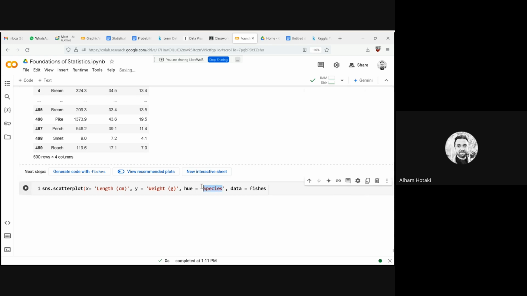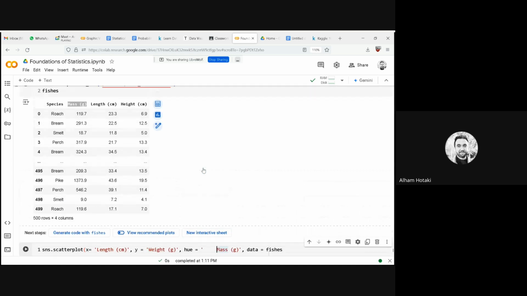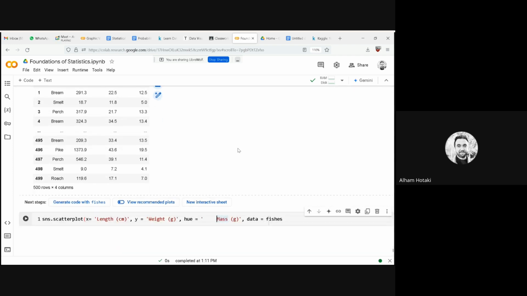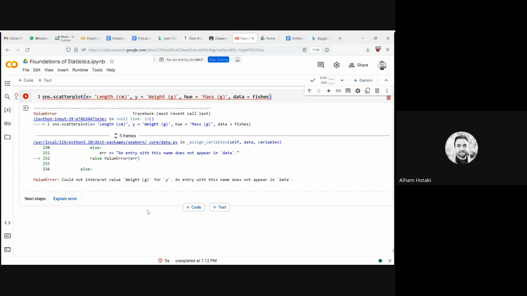And the data will be the fishes. Close it.